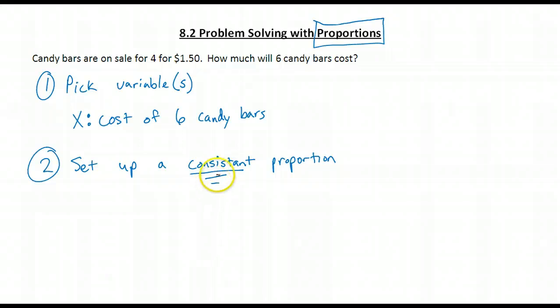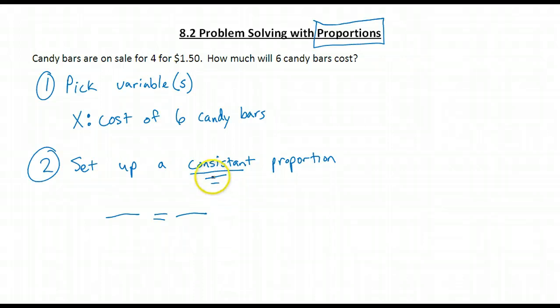They're consistent. I'm going to use a proportion, so I'm going to have a fraction equaling a fraction. Now when I talk about left and right, I mean left side of the equal sign, right side of the equal sign. When I talk about top and bottom, I'm talking about numerators and denominators.